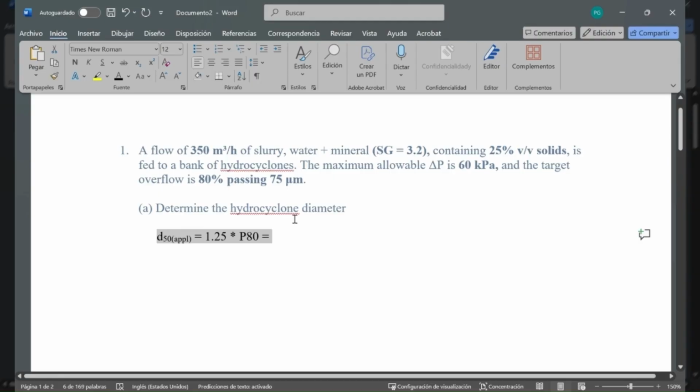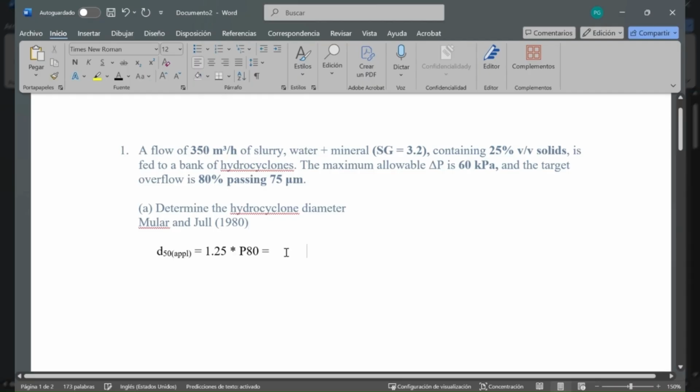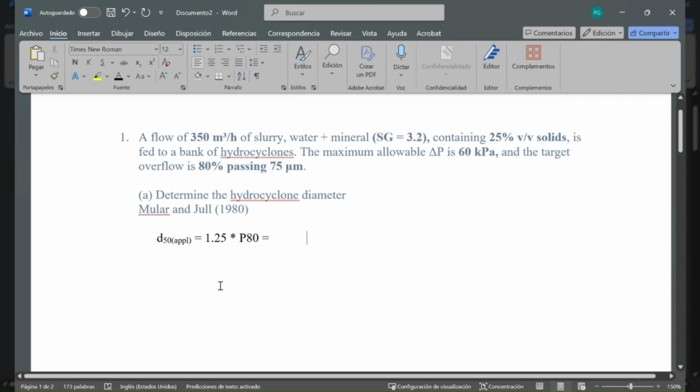All of these equations are part of the typical procedure, established by these empirical equations by Mular and Jull, a procedure established in 1980. They all lead up to the calculation of the hydrocyclone diameter.